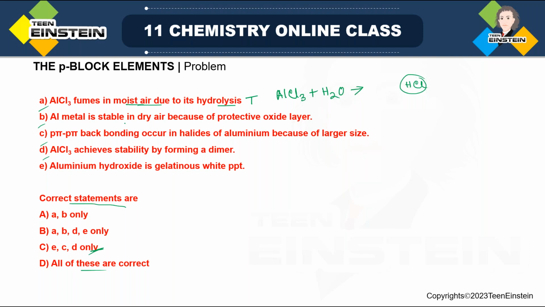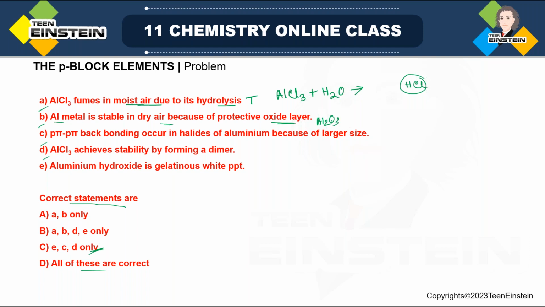Next statement: aluminium metal is stable in dry air because of a protective oxide layer. Now this is true, we have seen it, probably in some previous class. There is some oxide layer formation, that is Al2O3.